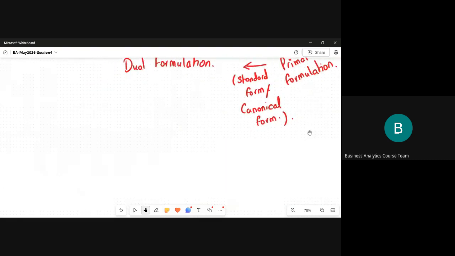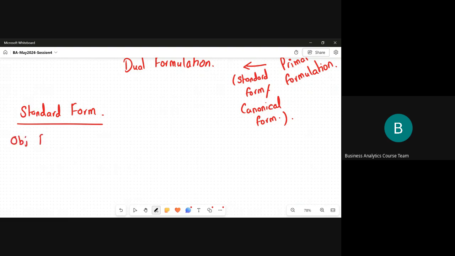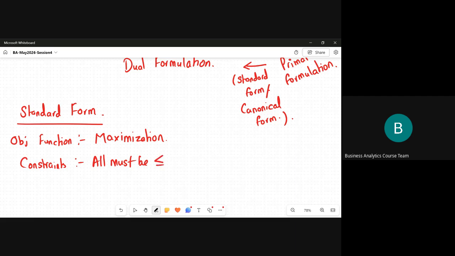So what is a canonical? What is a standard form? In the standard form of the primal, the objective function must be a maximization, and all constraints must be less than or equal to.